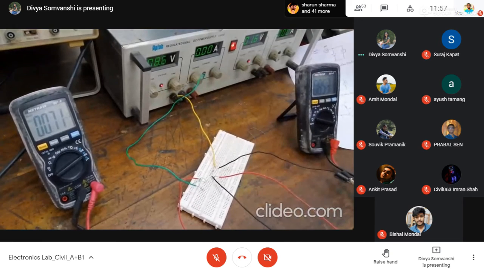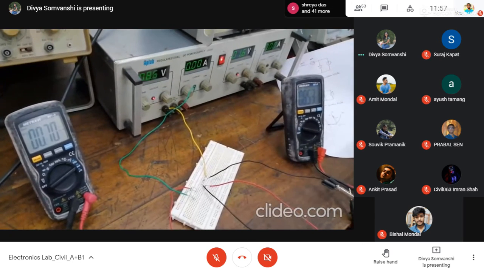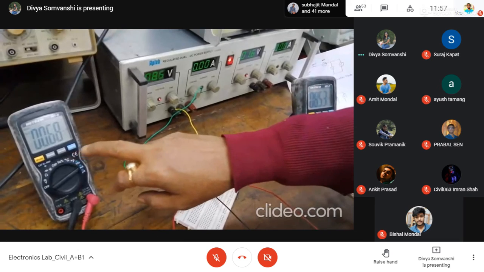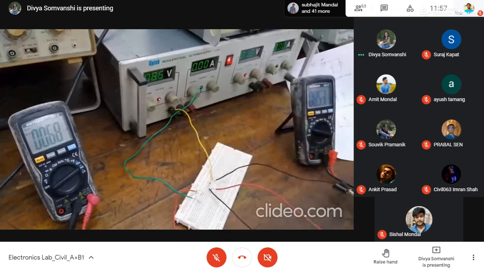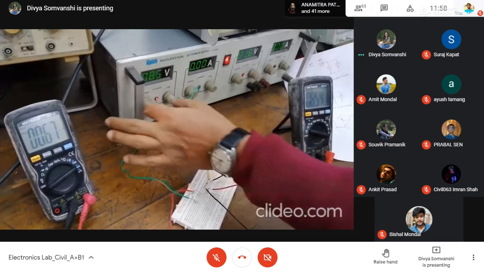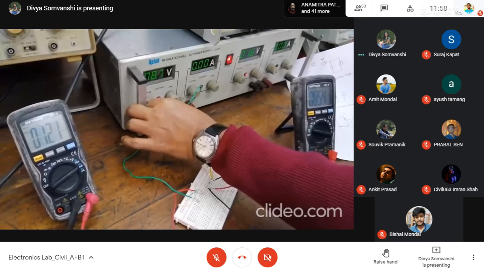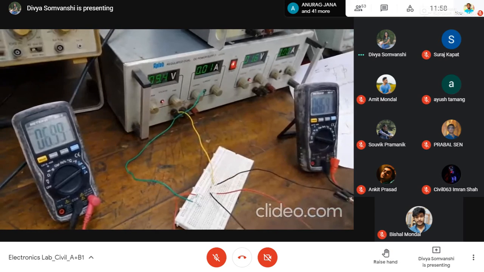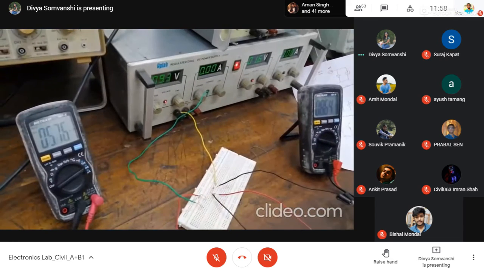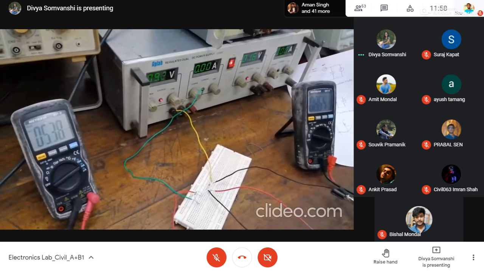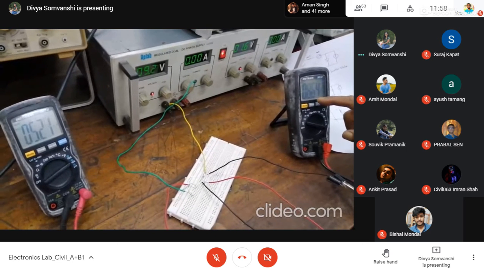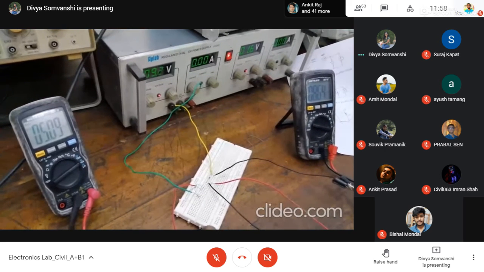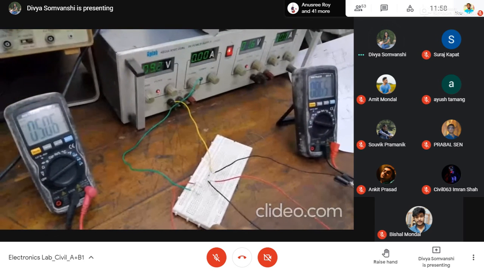You see, at about 8.5 volt, the current appears at 0.68 milliampere. If we further increase, the current appreciably increases. That means within 8.5 to 8.6, the Zener breaks its junction.